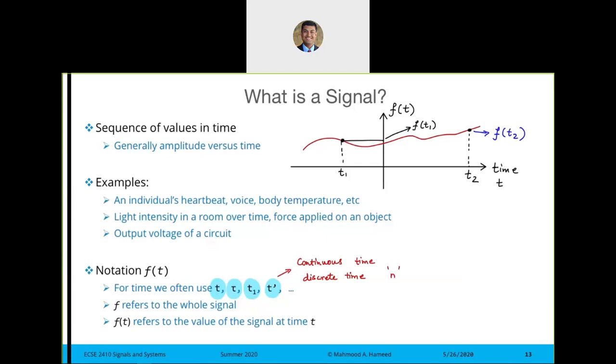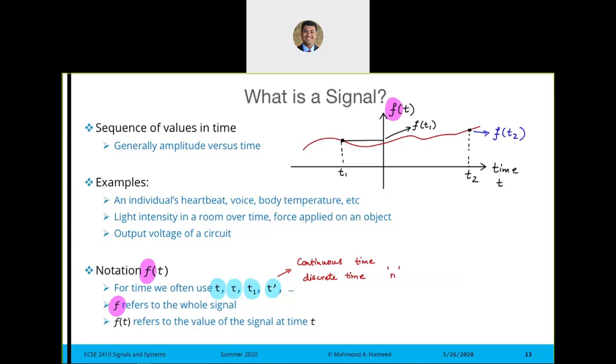So all of these are examples of what a signal could look like. Notation, we talked about this already: t, tau, t1, and so on. f essentially refers to the whole signal, right? And f of t refers to the value of the signal at time t. Like we said, t1, f of t1, t2, f of t2, and so on.